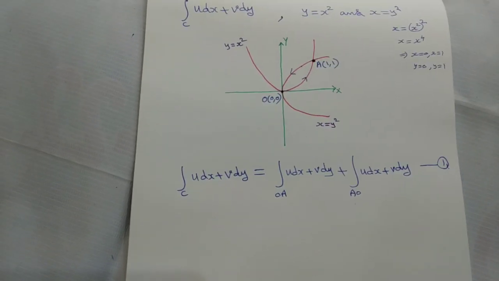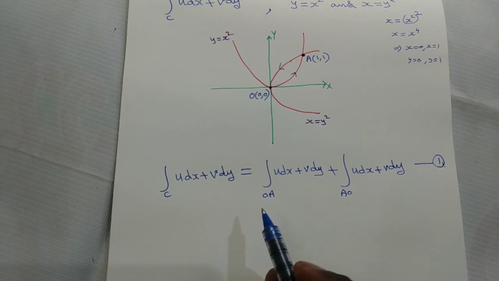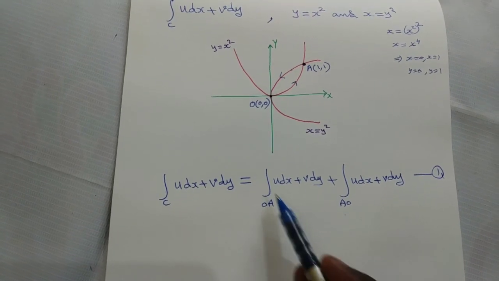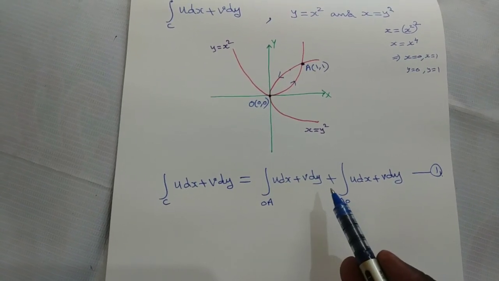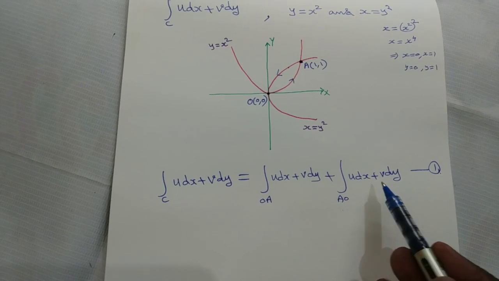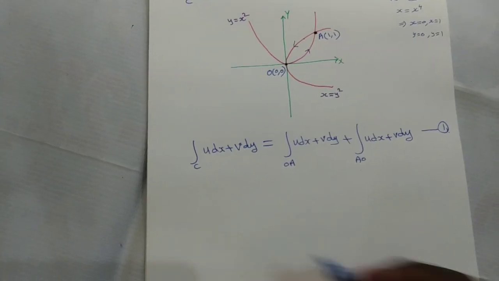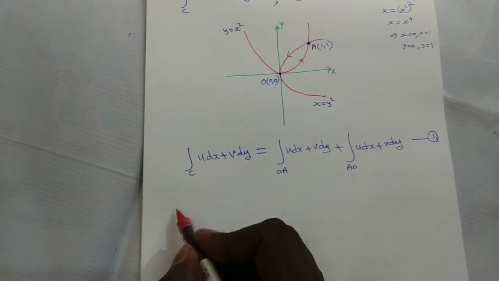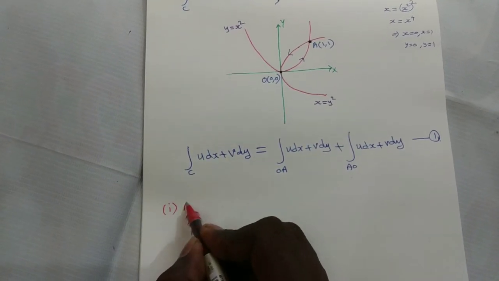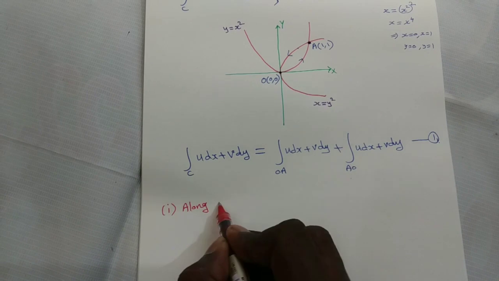To find the LHS of Green's theorem, I want to find the integral along OA plus the integral along AO. Now first I am going to find the first line integral along OA.